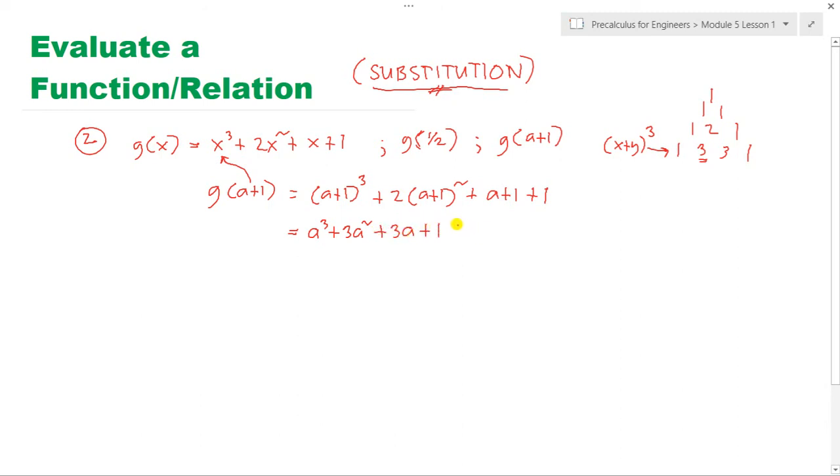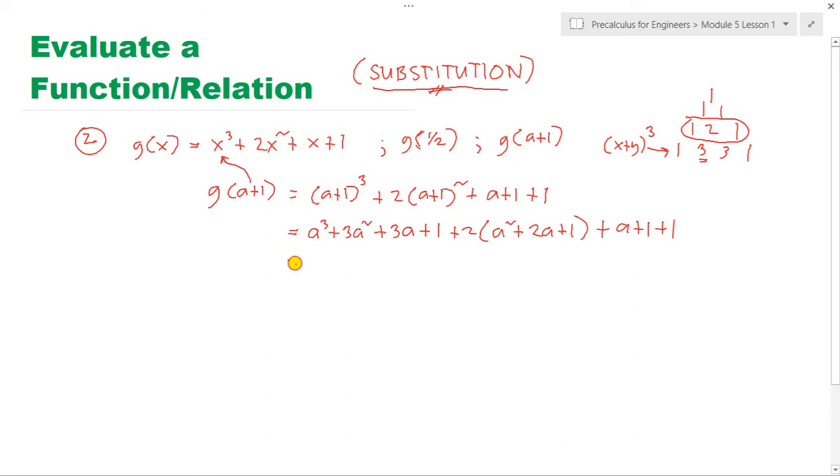And then a plus 1 squared in binomial expansion is represented by 1, 2, 1. So therefore you have plus 2 times a squared plus 2a plus 1. See, the leading term has a coefficient of 1, the middle term is 2, and the last term is 1, so 1, 2, 1 from our Pascal's triangle. The next, plus a plus 1 plus 1.